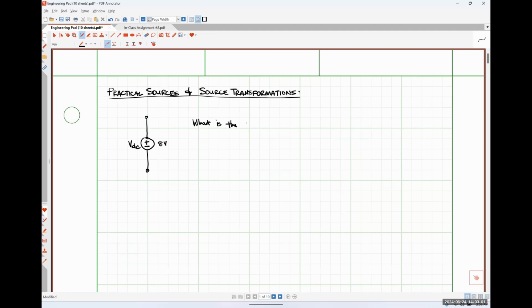So what I want to ask you guys is, what is the maximum amount of current that an ideal voltage source could supply? Would anybody care to venture a guess? Infinity? You're exactly right.